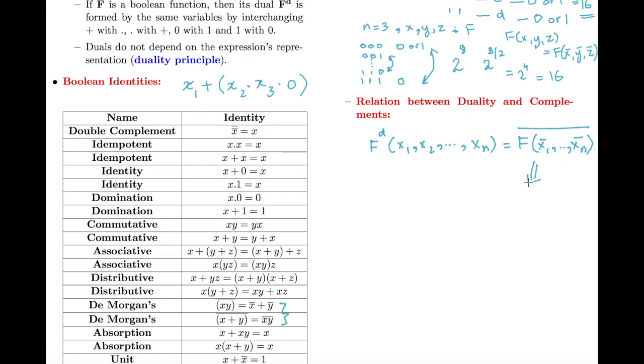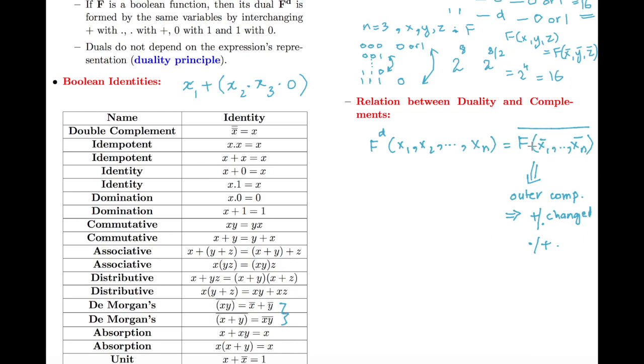This outer complement will result in plus changing to dot and dot changing to plus, correct? Because De Morgan's law says that if I take the complement of x plus y, then I get x bar and y bar. And if I take the complement of xy, then I get x bar plus y bar. Hope it makes sense.